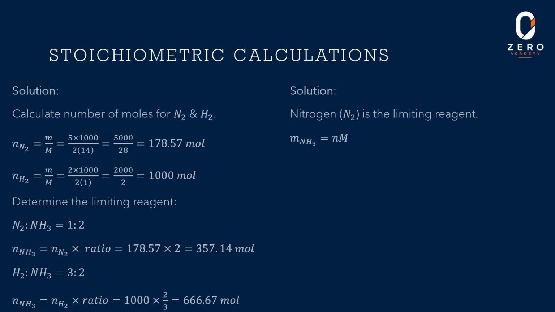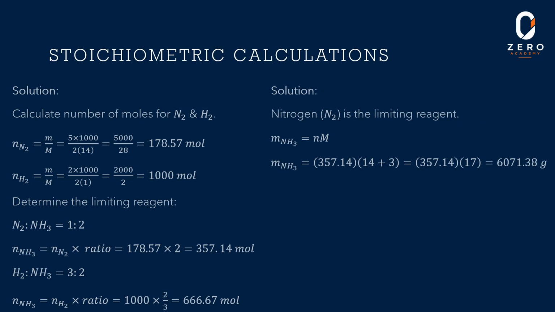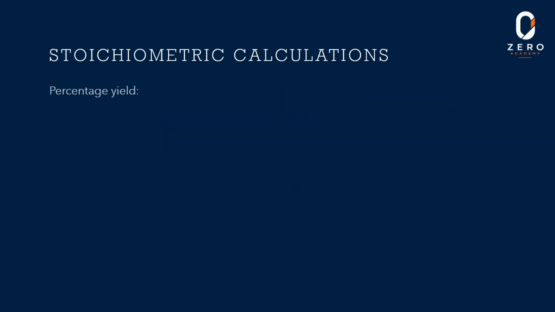And substituting in the values, we'll get the mass value of 357.14 multiplied by 14 plus 3, which will give us 357.14 multiplied by 17, and hence that will give us a mass value of 6071.38 grams, and converting it to kilograms, it will give us a mass of 6.07 kilograms, and we've answered that particular question.